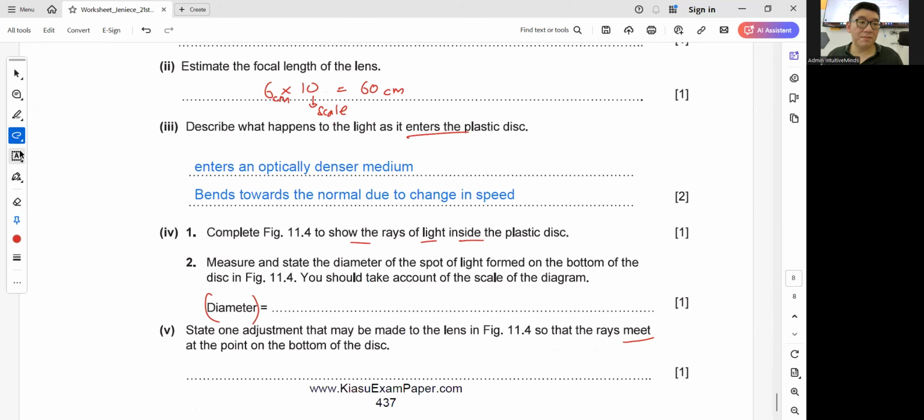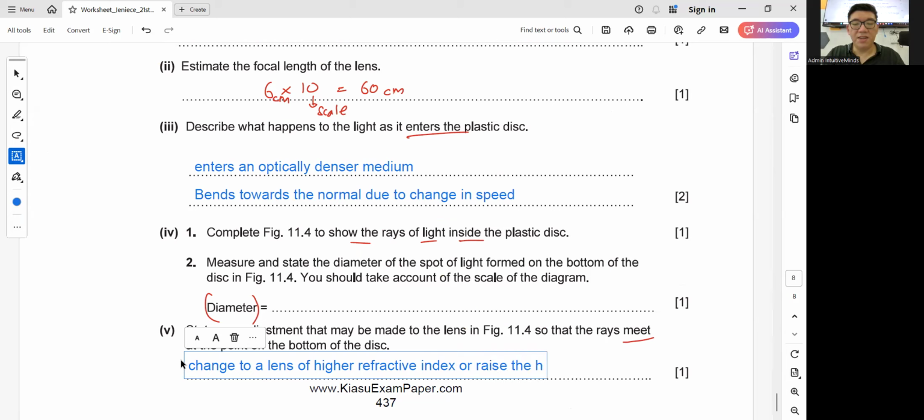So way number one, change to a lens of higher refractive index, or raise the height of the lens. Okay, we're done for this.